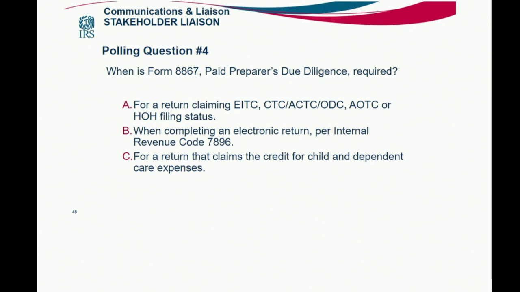Is it B, when completing an electronic return per Internal Revenue Code 7896? Or is it C, for a return claiming the credit for child and dependent care expenses? Take a moment, think about what Kyle just told us, and click the radio button that best answers the question. Remember, folks, if you do not receive the polling question, please enter only the letter A, B, or C that corresponds with your response using the Ask Question text box.